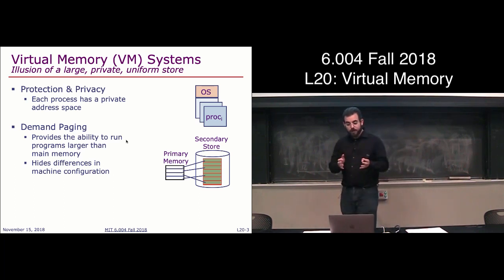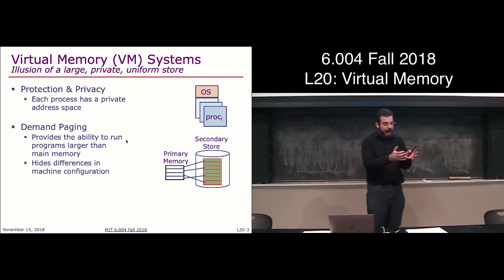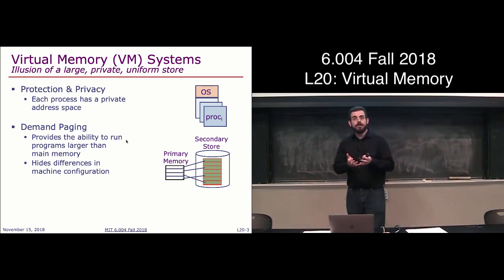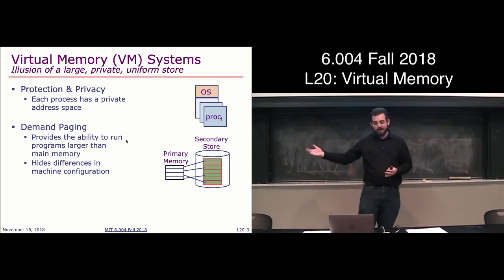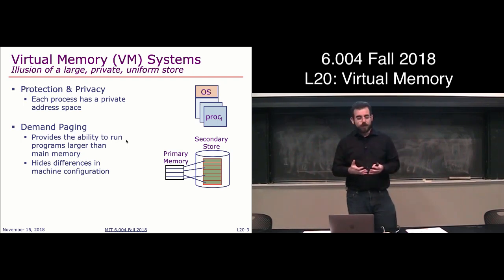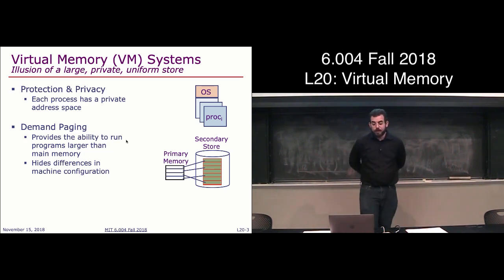And the strategy that we're going to have is the same thing that we do when we implement caches. We're going to have this primary memory hold a portion of the process's data, and then we'll have some mechanism to go to this lower disk, which is what we call the secondary store, to retrieve data that's not present in main memory.